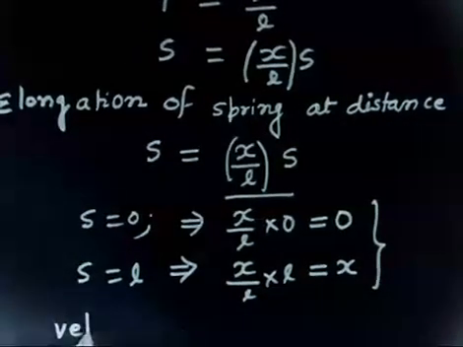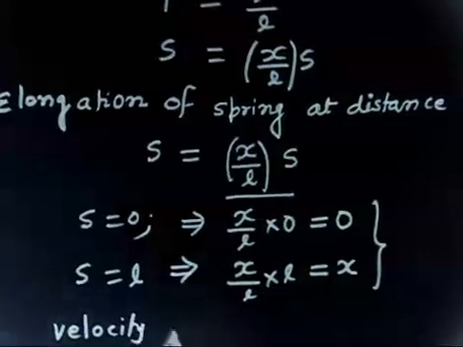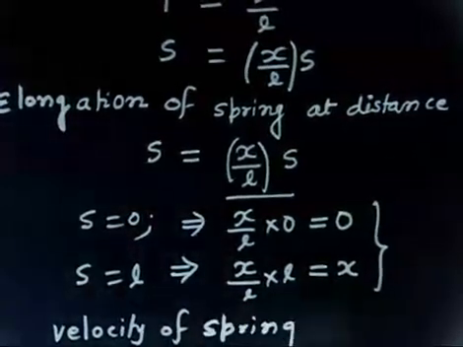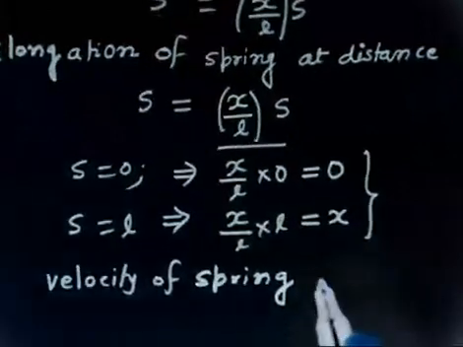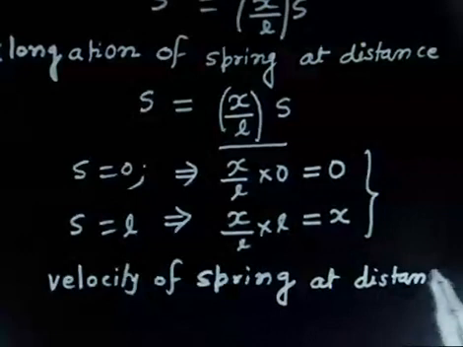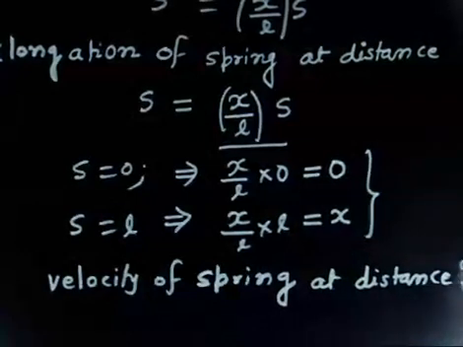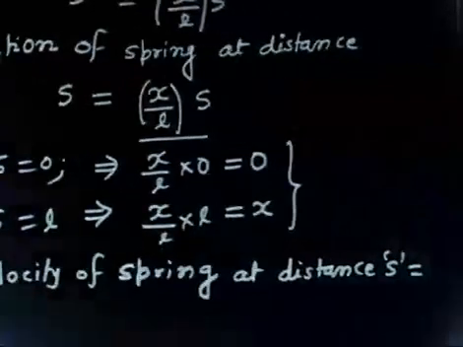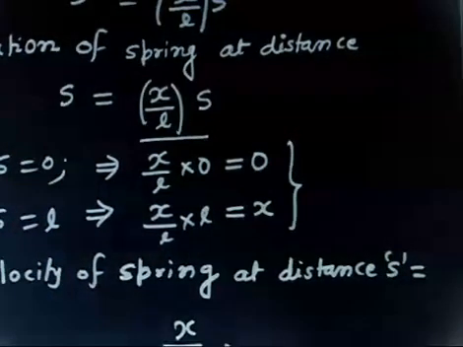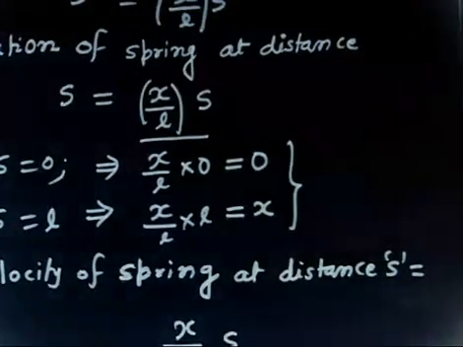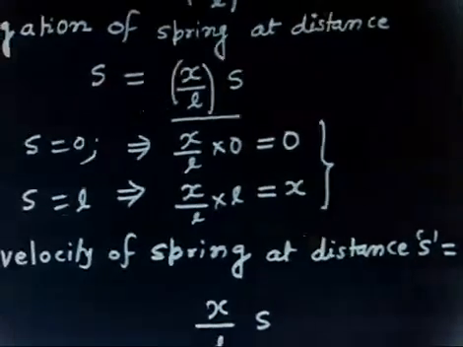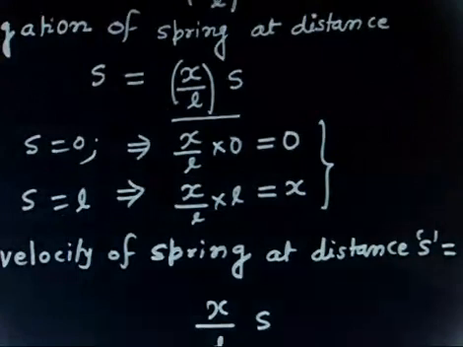Now we will find the velocity of the spring at distance S. At distance S, what will be the velocity? Elongation is given by x by L into S. I can differentiate this equation and get the velocity.